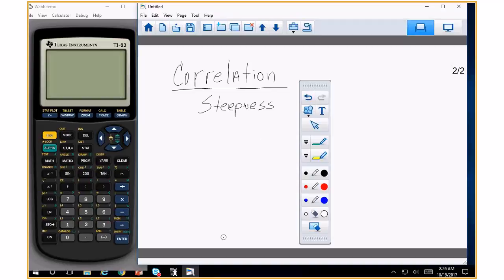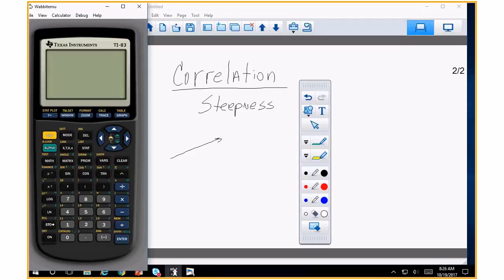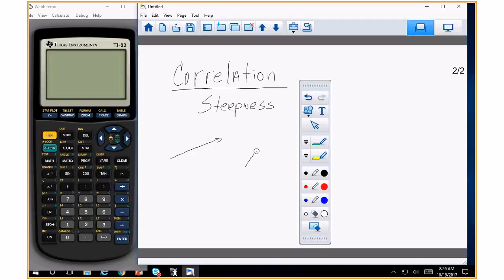See how you like it. All right, steepness. If I've got a shallow correlation, it'll look something like that. If I've got a real good correlation, it'll be something like that. But either way, there is a correlation, meaning a negative correlation or a positive correlation.